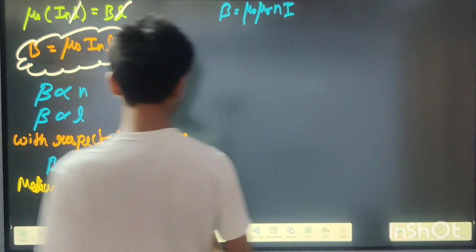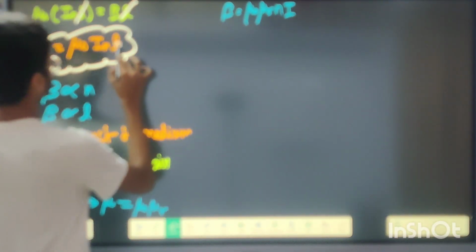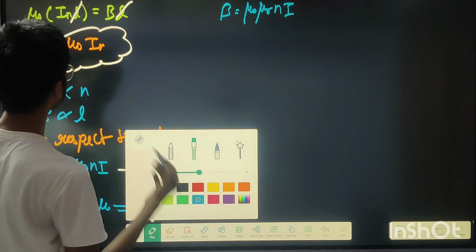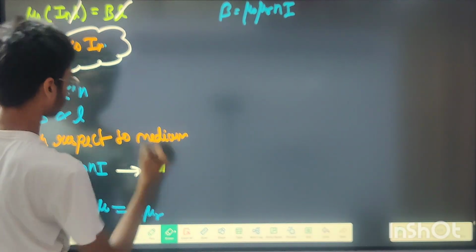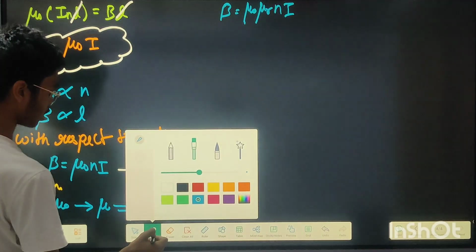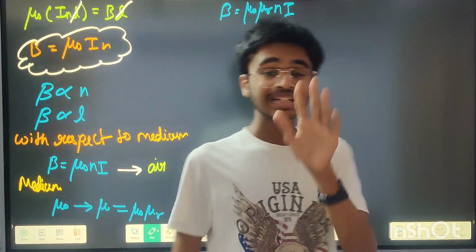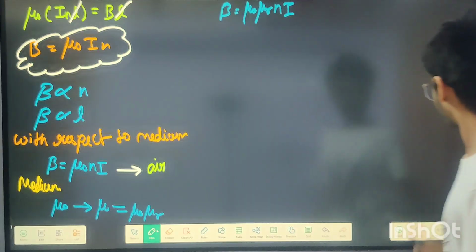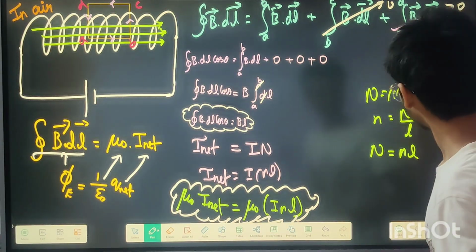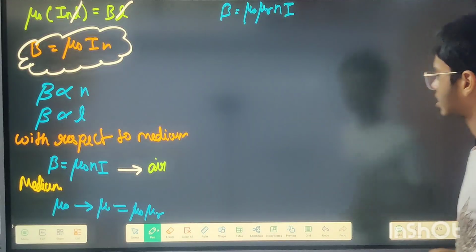L is cancelled, so here L will not come. Sorry, I have written L over there. Here N is not the subscript. It is the number of turns per unit length, while capital N is the total number of turns.